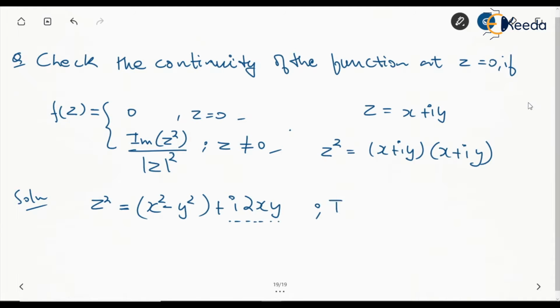So imaginary part of z square is 2xy. Fine. We also know that z square mod value is simply x square plus y square. So this f of z is 2xy by x square plus y square for the case of z not equal to 0. For z equal to 0 it is 0.